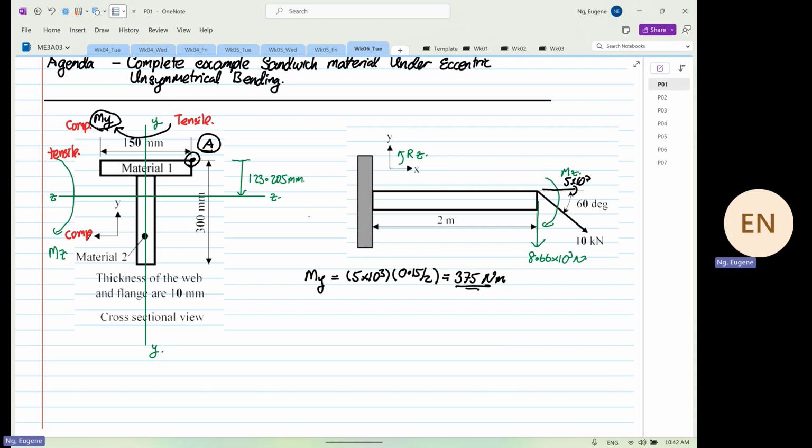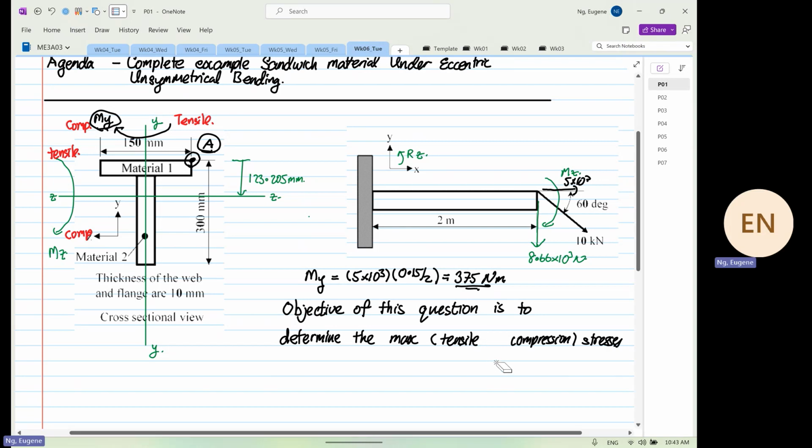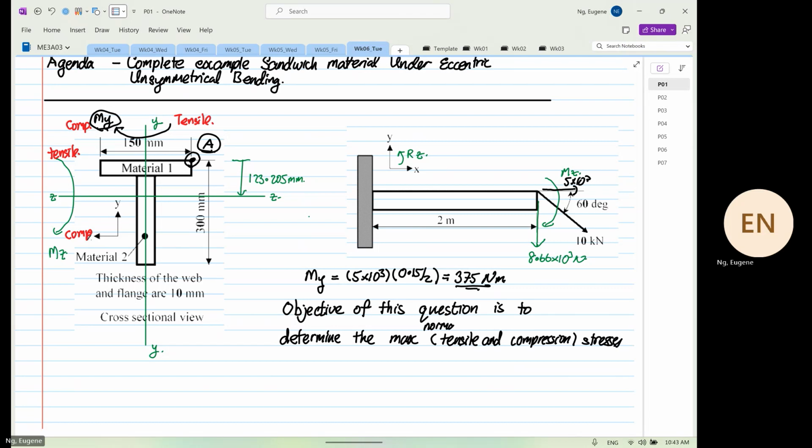So now, the objective of this question is to determine the maximum normal tensile and compression stresses acting in the brass and steel.